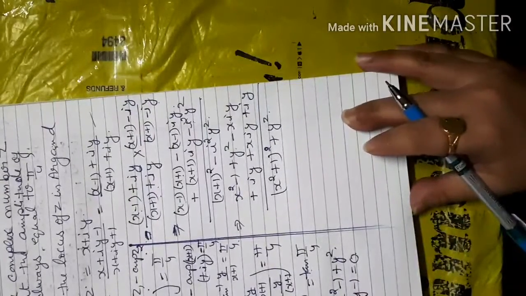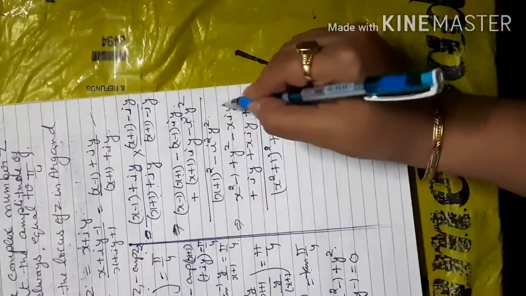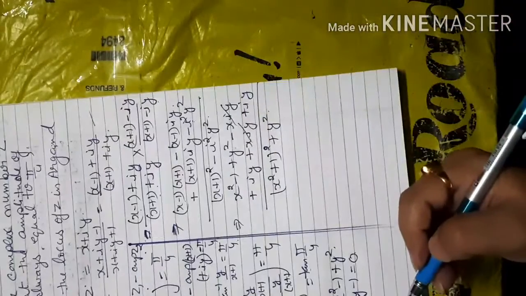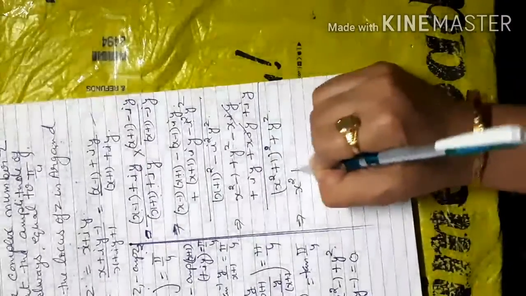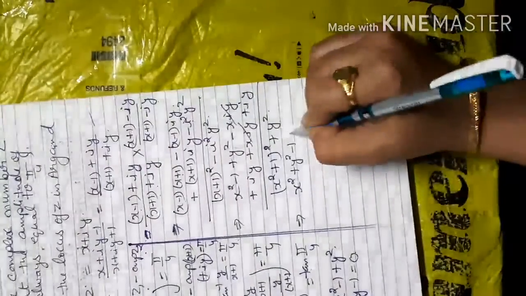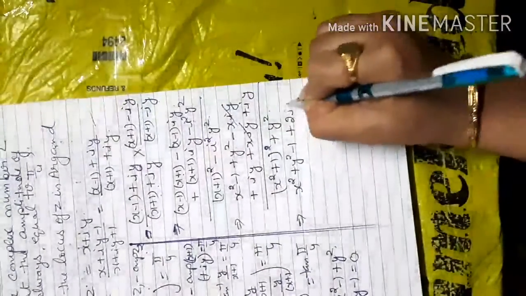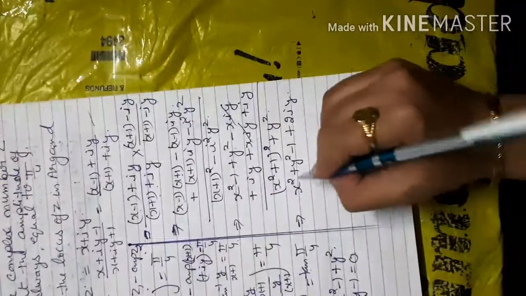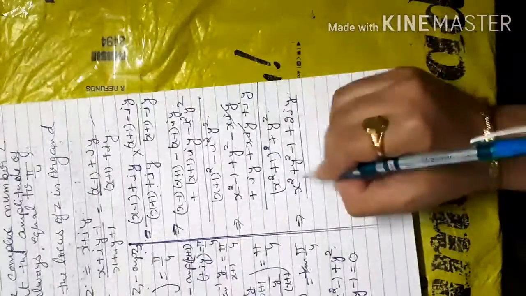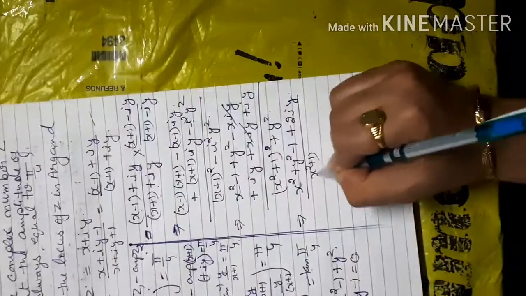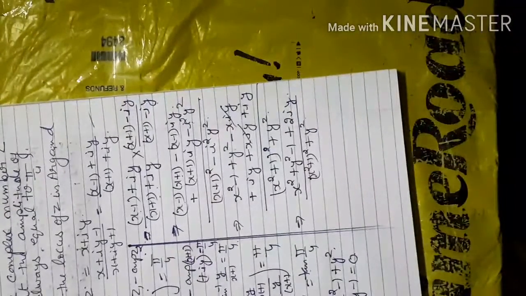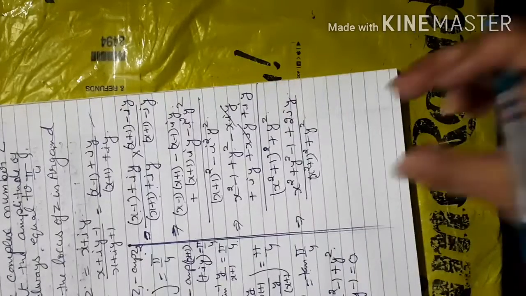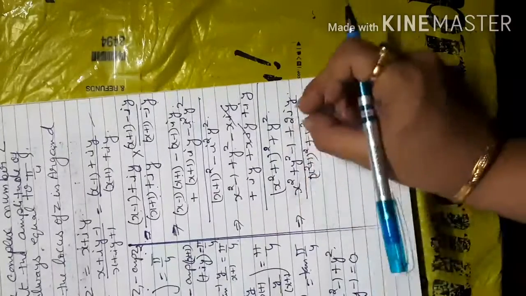Okay, so now what I will do, this x iy will be cancelled. So what is the equation left here: x square plus y square minus 1 plus 2iy. And in the denominator will be x plus 1 whole square plus y square. No need to open the denominator, because this denominator is part of this and this also.